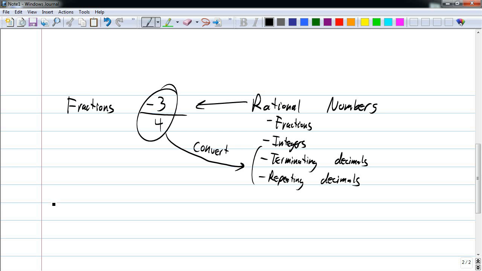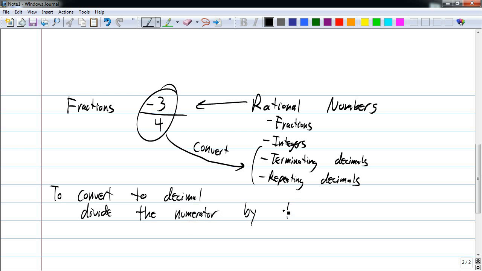To convert to decimal, divide the numerator by the denominator.